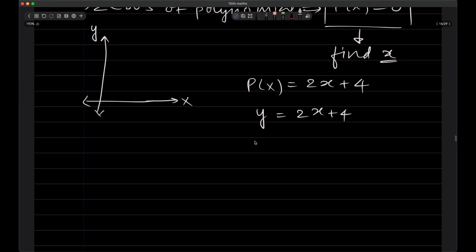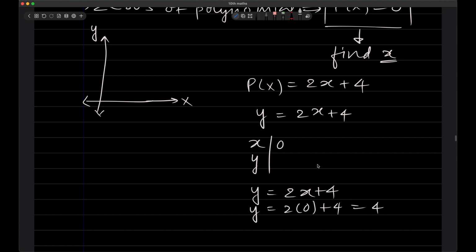Then we plot the x and y coordinates. First we put x equals to 0 and we find the y. If we put x equals to 0 in y equals to 2x plus 4, we get the corresponding y equals to 4.